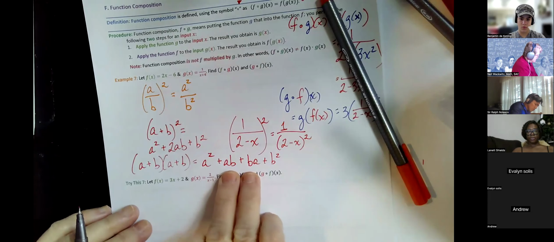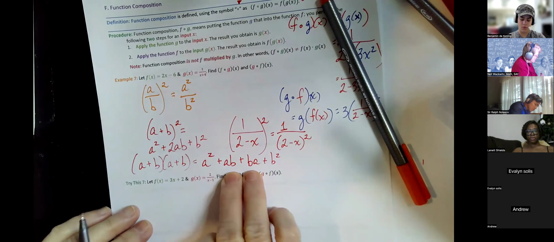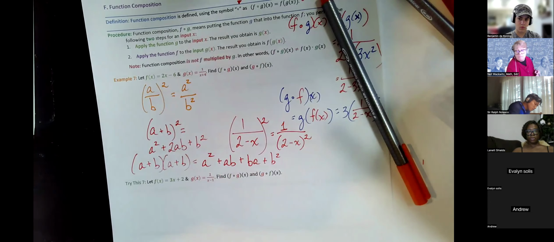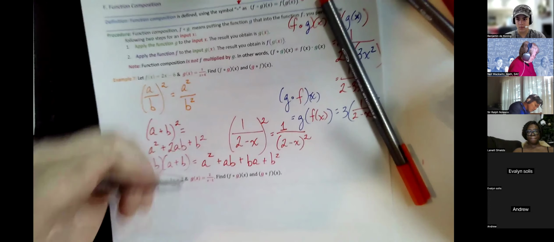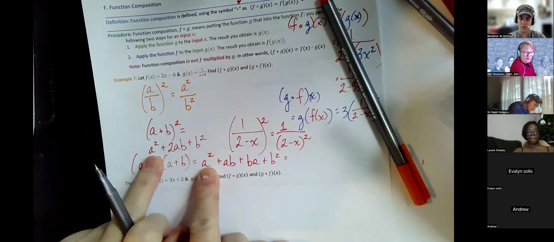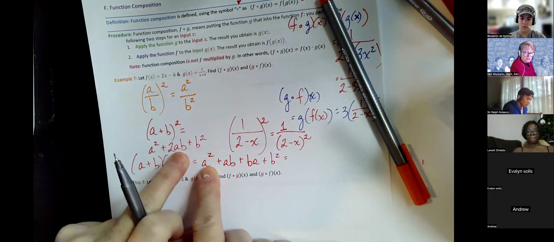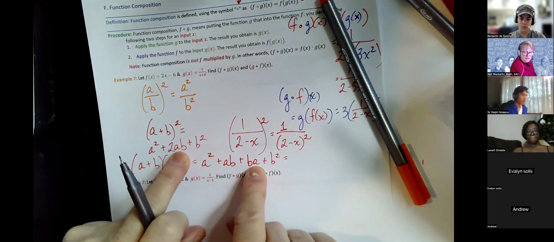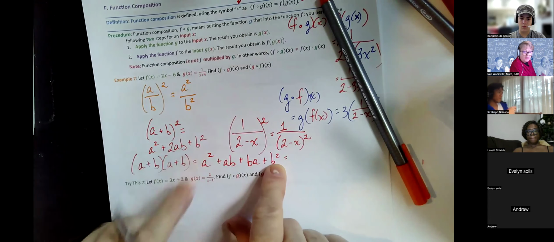And we're looking at number multiplication. So is a times b and b times a, are those different or the same? They're the same. Excellent. So that's why we have a squared, we have 2 times a times b, and we have b squared.